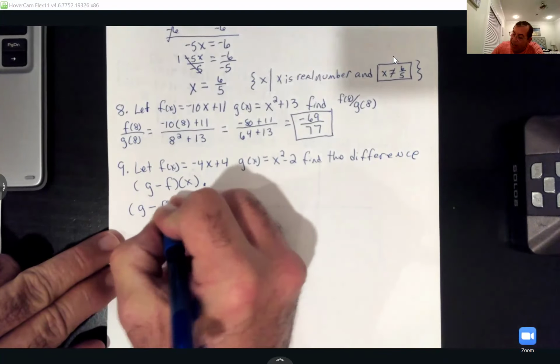So I'm going to put mine in order. Start with my x squared. Then I'm going to bring down that positive 4x. Then I'm going to figure out what a negative 2 and a negative 4 add up to. They're like signs, so when they're like signs, add them and keep that sign. So a negative 2 and a negative 4 will give us a negative 6.